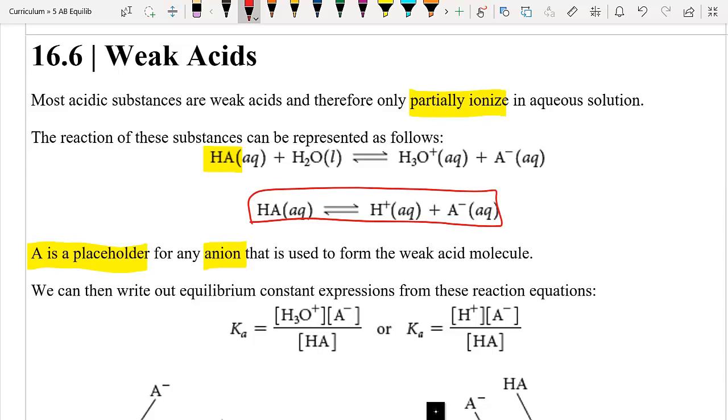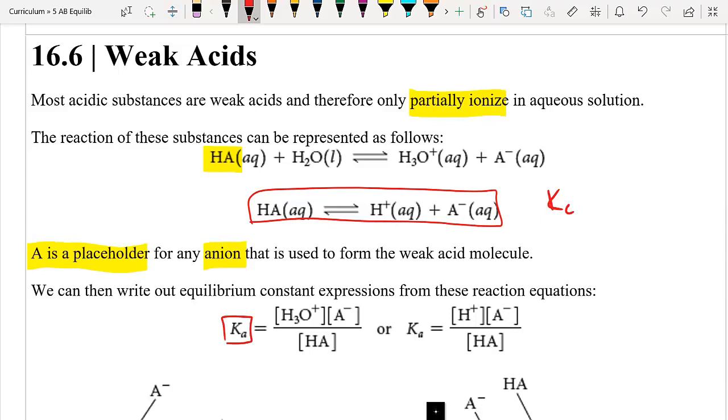Now, remember, it is really important to note that this is a reversible reaction. It has an equilibrium. So, since it has an equilibrium, we can write out an expression for the equilibrium constant, which we've treated as Kc before. Since this comes up so frequently in a lot of compounds, we're going to change Kc into Ka.